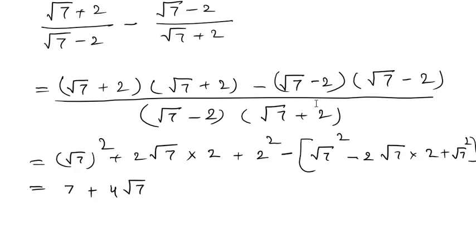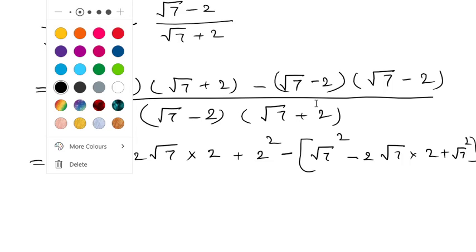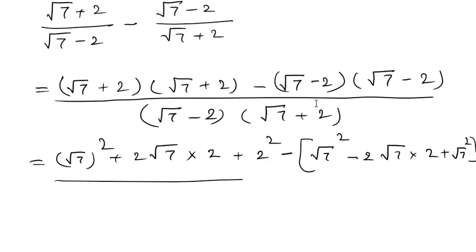Before that, actually here in the denominator, our denominator is (root 7 minus 2) into (root 7 plus 2), so it will become root 7 square minus 2 square. So if you simplify, what you will get?